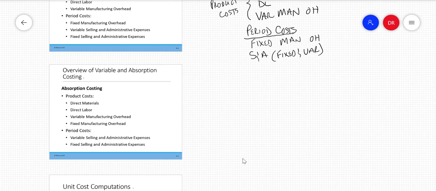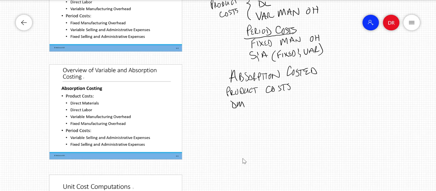Now for the absorption costing approach, what we're going to do here is include fixed manufacturing overhead in product costs. So when we do product costs here, we're going to include the things we did with variable costing, which are direct materials, direct labor, variable manufacturing overhead, and we're going to include fixed manufacturing overhead.